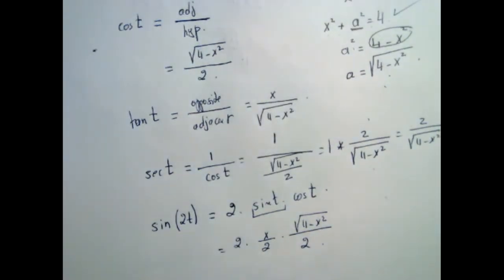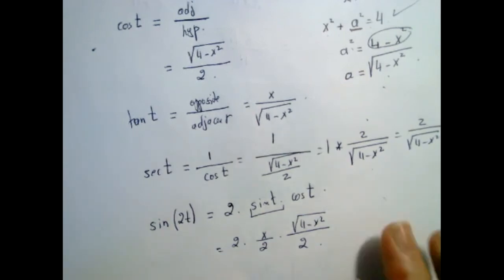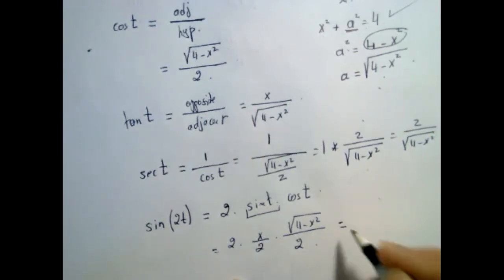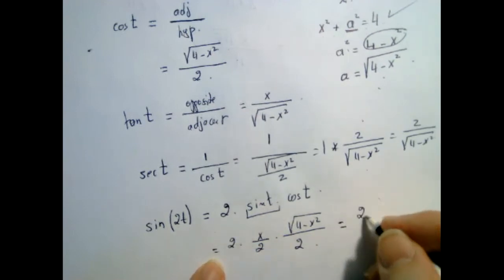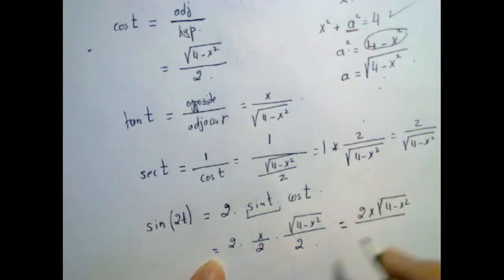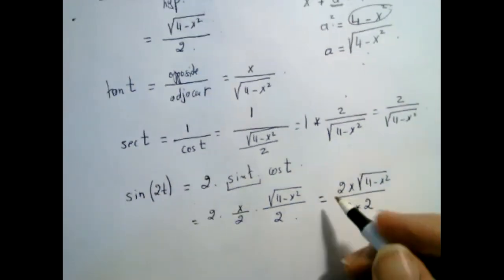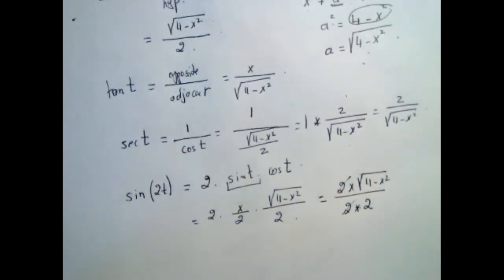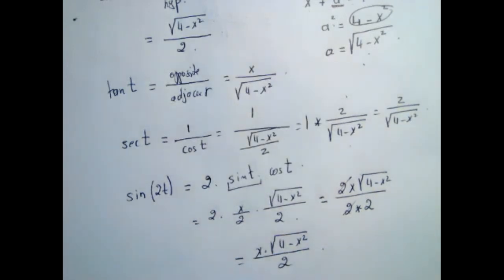Now I can use my double angle formula, and this will be equal to, we multiply across in the numerator, multiply across in the denominator. Now 2 is a common factor, numerator and denominator, and I will be left with x times the square root of 4 minus x squared divided by 2.